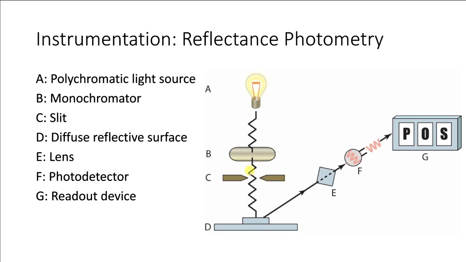That wavelength is then passed through a slit to make it much more concentrated and make sure it goes in one direction. Then that bounces off of some sort of reflective surface. The light that bounces off is then concentrated by a lens, picked up by a photodetector, and read out onto a device.